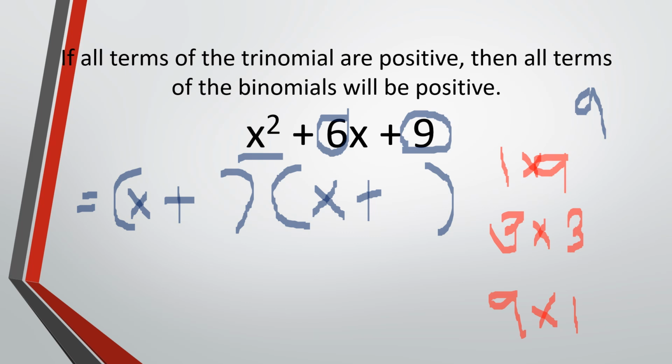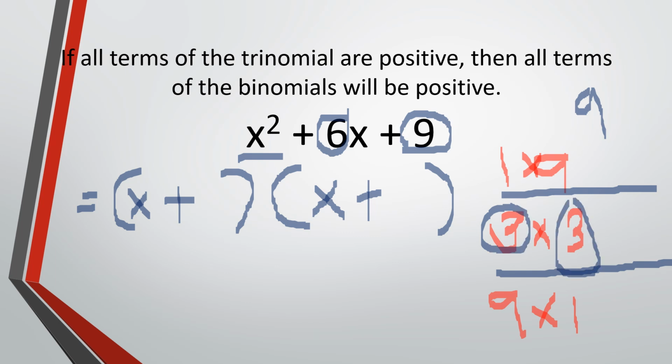If we add 1 and 9, the answer is 10. But if we add 3 and 3, the answer is 6. So we have 3 and 3. You write 3 here and 3 here, and that is now our final answer.